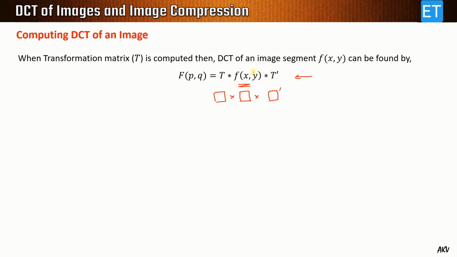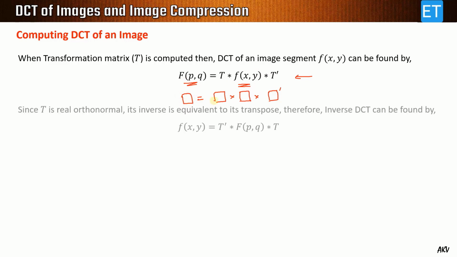If you do this simple operation, you get the DCT coefficients matrix. Okay, and similarly you can find the inverse also. Since T is a real orthonormal matrix, its inverse is equivalent to its transpose. Therefore inverse DCT can be found by this equation. So you can recover your image f(x,y) by this inverse operation.